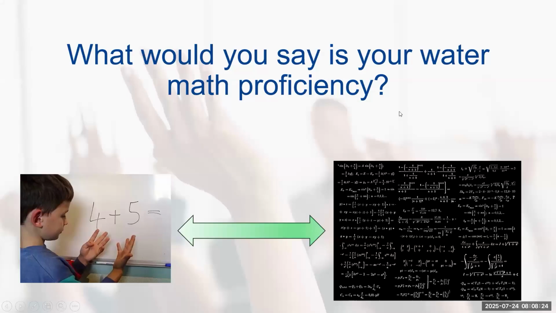So I would also like to get, if everyone could pull up your chat, if you have access to it, that's that little box with three dots in it on that horizontal bar.